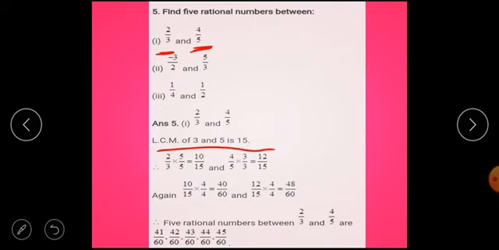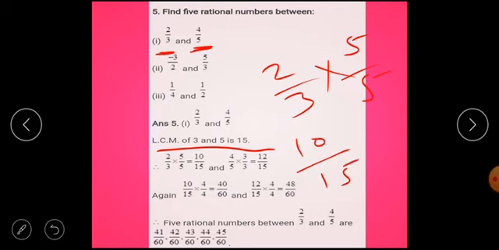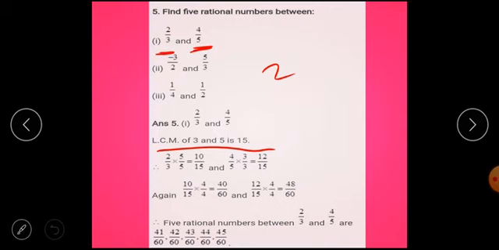After taking the LCM of 3 and 5, I will get 15. So I will multiply 2 upon 3 by 5 and also divide by 5. So I will get 2 into 5, that will be 10, and 3 into 5 will be 15. So our first number will be 10 upon 15, and our next number is 4 upon 5.